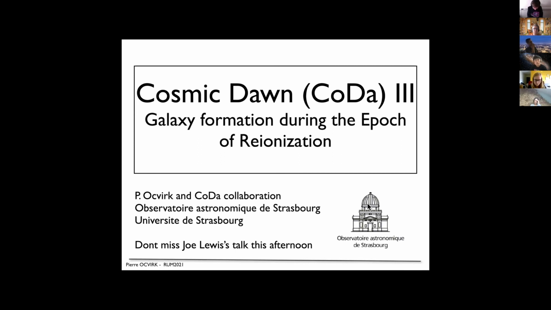And this coupling between galaxies driving reionization and then reionization changing galaxy formation in return is really at the core of this project. I'll do a quick introduction and I'll talk about some technical aspects of the simulation, and I leave most of the science to my former student Joe Lewis, who is speaking in the afternoon. So please don't miss his talk.